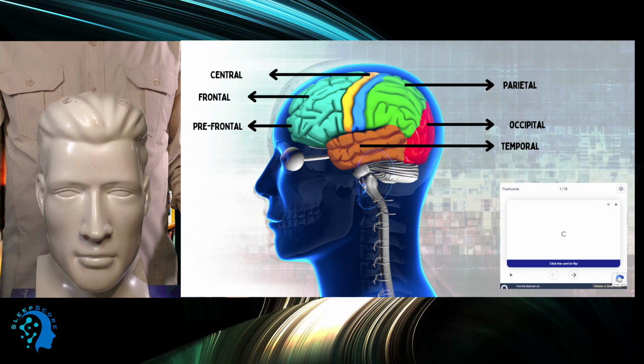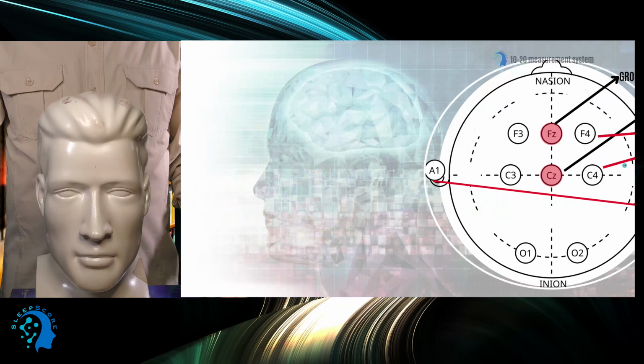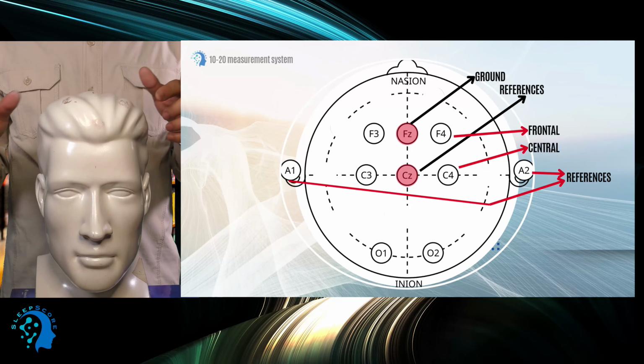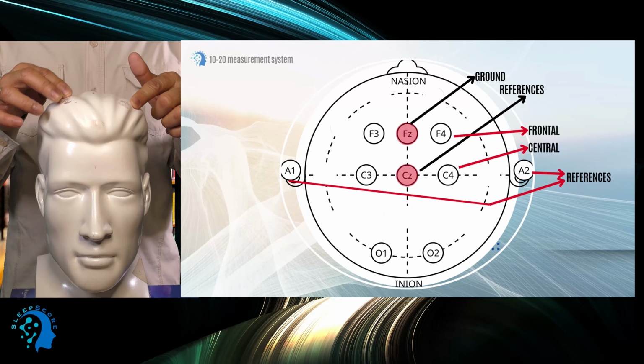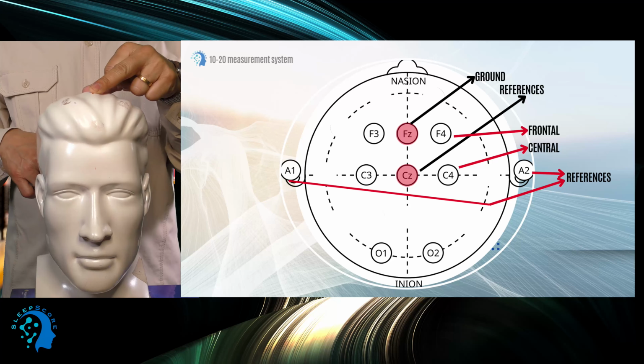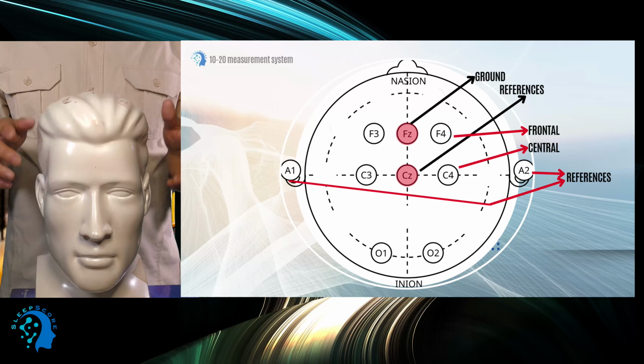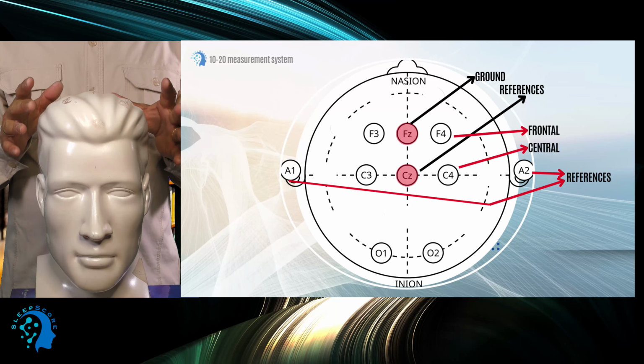Now let's check. Here the first 3, because this is frontal, Fpz, Fz and Cz, we consider one of these as a reference and one of these as a ground. So these 10 points are very, very important.